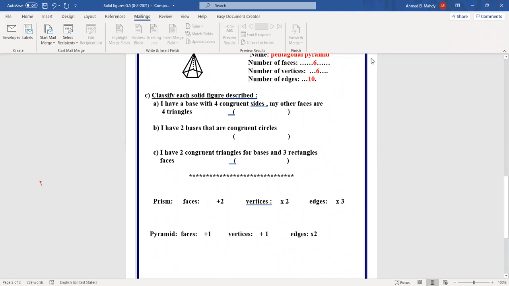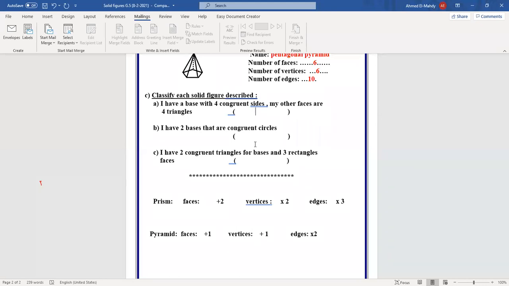Write the name of each solid. I have a base with 4 congruent sides and my other faces are 4 triangles. What is the name of this solid? Who can tell me? Adi.